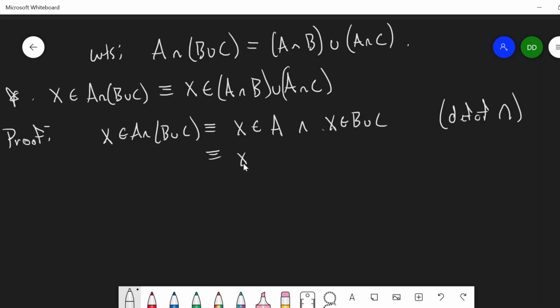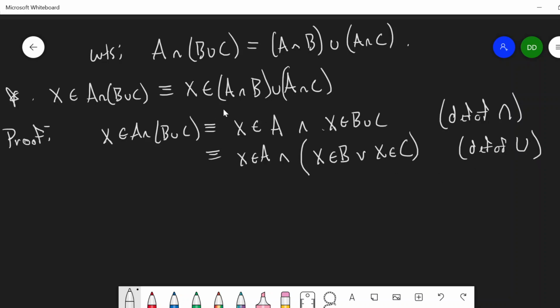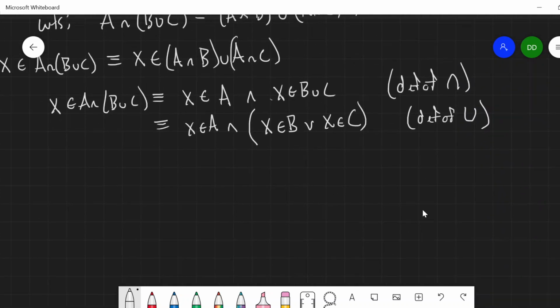So this is equivalent to X is in A, and I need to put this in parentheses, X is in B or X is in C. And so that's just using the definition of union. So I've broken down my sets into an equivalent logical statement. And see how I have it broken down into X is in A, X is in B, X is in C, with conjunctions and disjunctions between them.